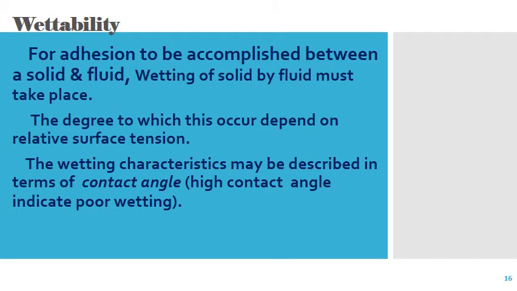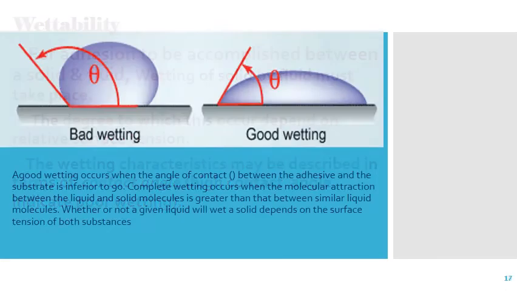Wettability characteristics may be described in terms of contact angle. A high contact angle indicates poor wetting, and this diagram shows the angle: the left picture shows bad wetting, and the right picture shows good wetting.